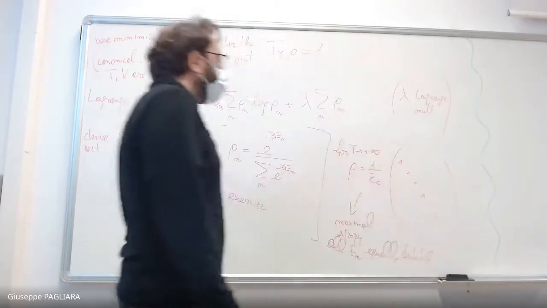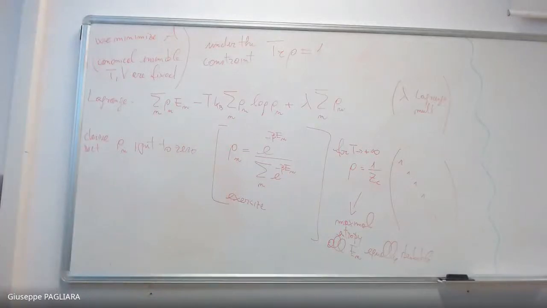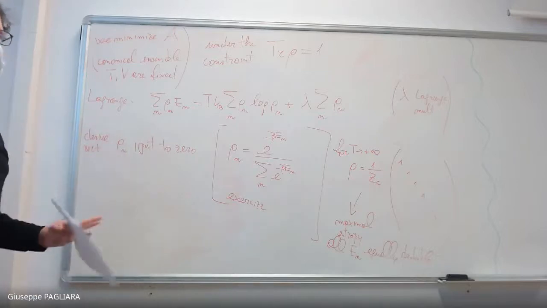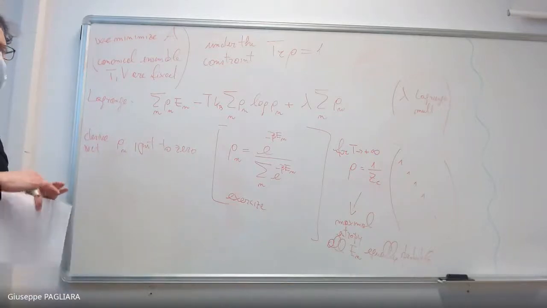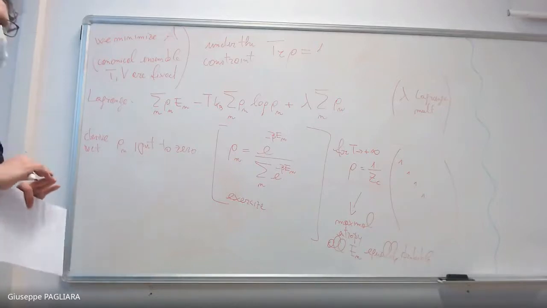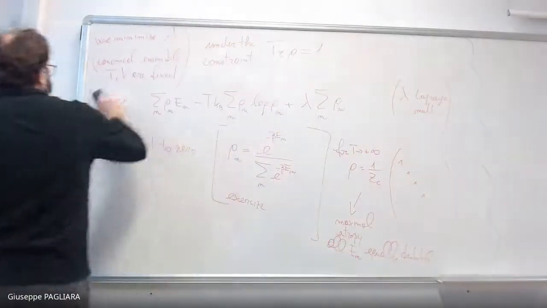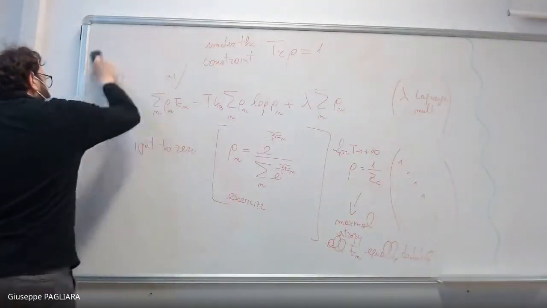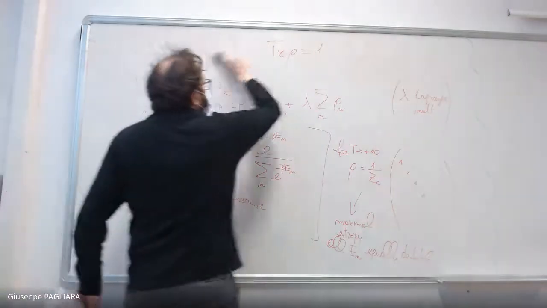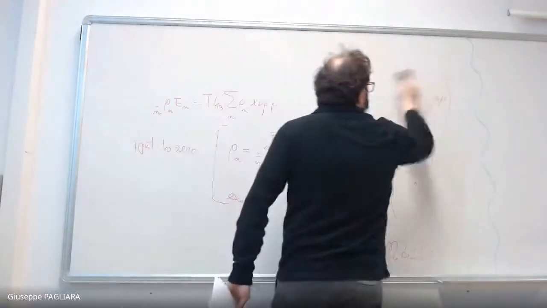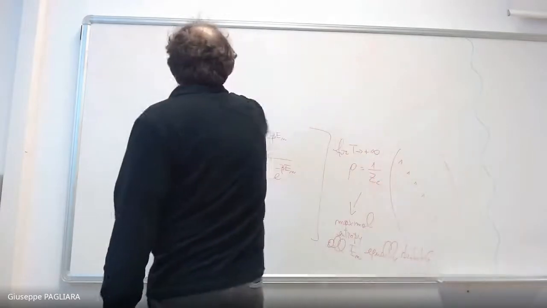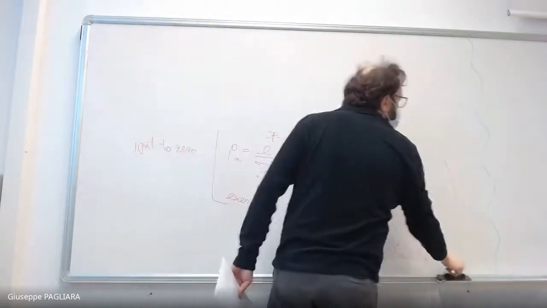I remind you that E_n is not the energy of one particle, it is the energy of one system in the canonical ensemble. That must not be confused. This is the total energy of my system, and the system is a point of the canonical ensemble. Now, what happens if T is approaching 0? When T is equal to 0 or is approaching 0, I expect that all the members of the canonical ensemble will sit in the ground state.